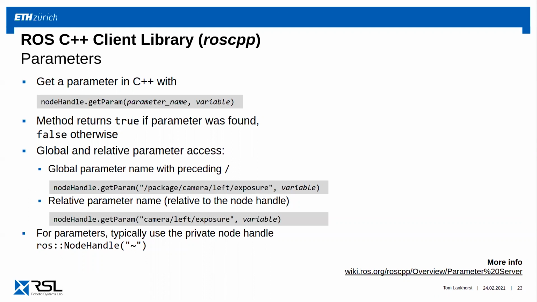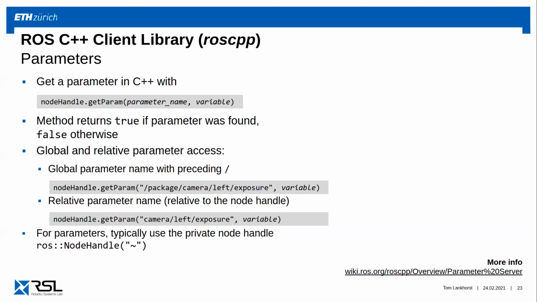Global parameters can be accessed by preceding the path of the parameter with a slash, like in the first case. We try to get the package/camera/left/exposure parameter, and we store it in a variable called variable. Alternatively, we can use relative parameter names to get parameters that are only relative to the package.